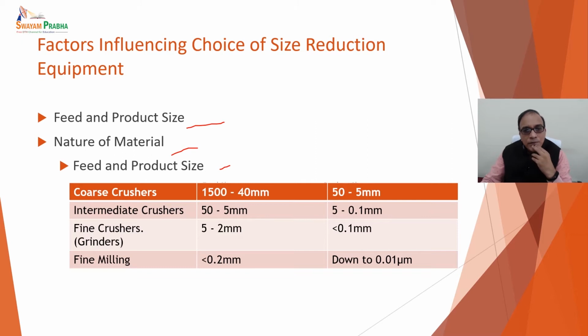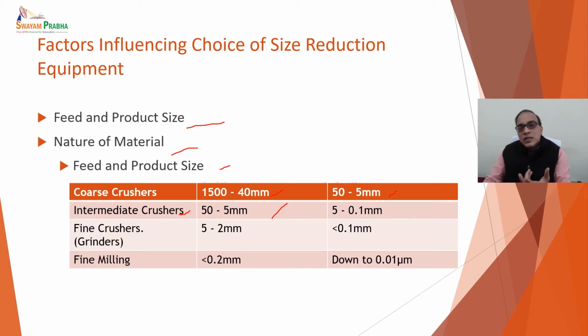Coarse crushers are used when we need particle size in the coarser range. For coarse crushers we go for 1500 to 400 mm particles. We can have 50 to 5 mm, the lower range.